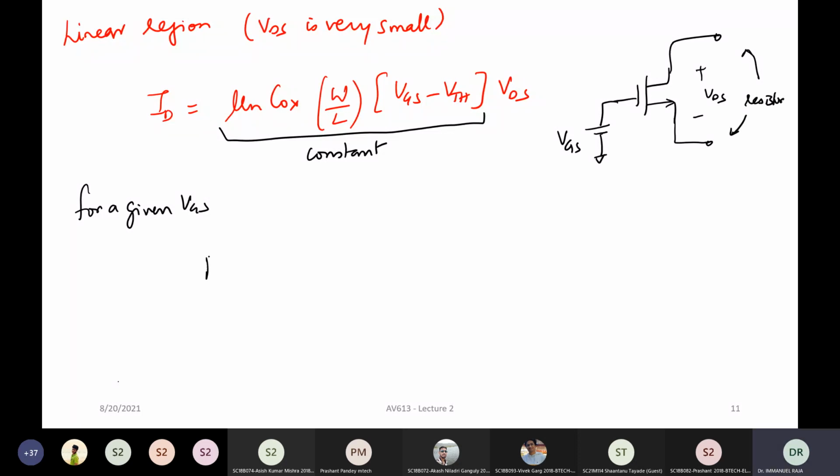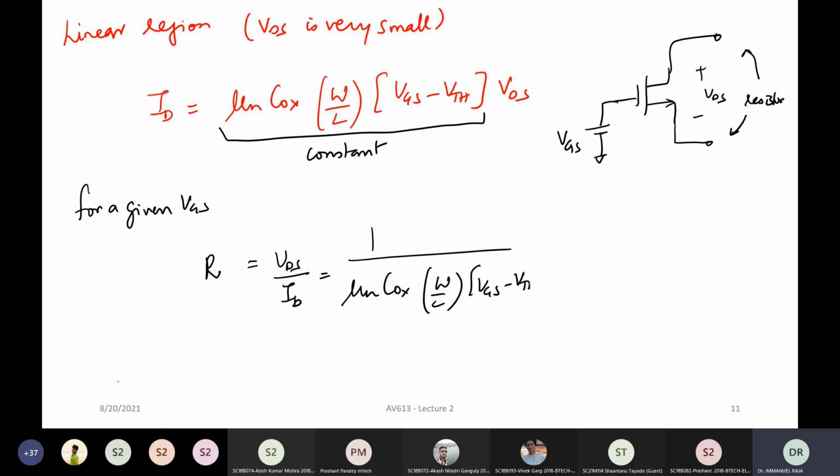And this resistance R is given by VDS by ID, which becomes 1 over mu n Cox W over L times (VGS minus VTH).